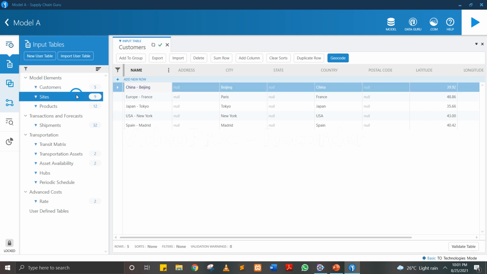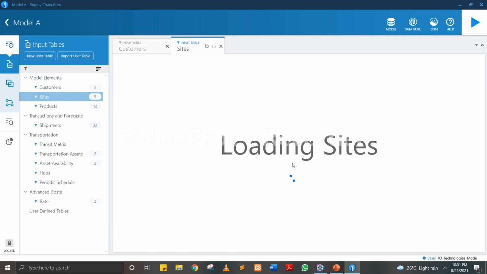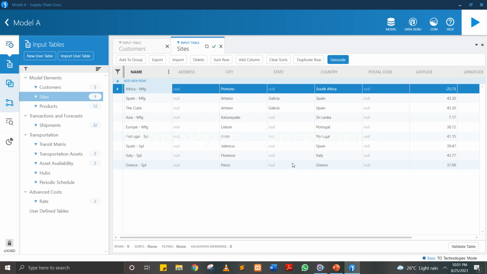Next we'll be looking into the sites. Here MFG is populated for the manufacturing plants or sites, SPL for the supplier sites, and the Cube, which is the main hub I was talking about throughout the presentation, is situated in Spain.